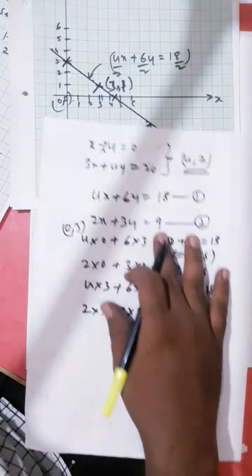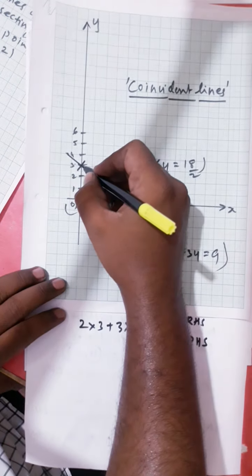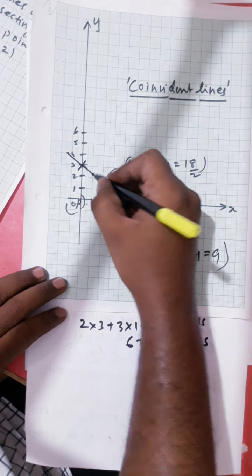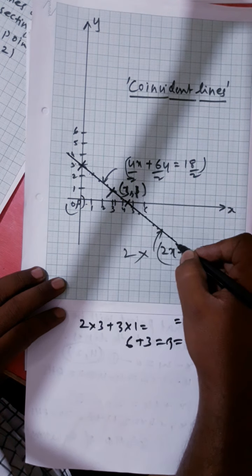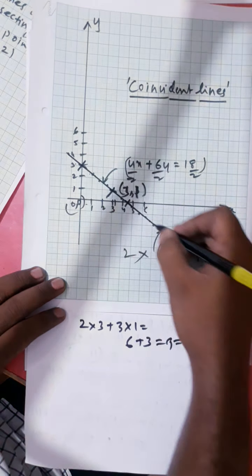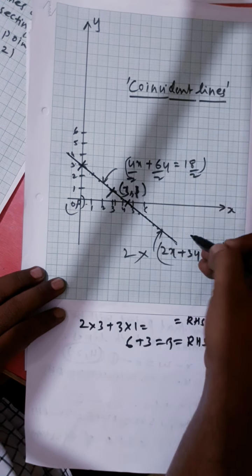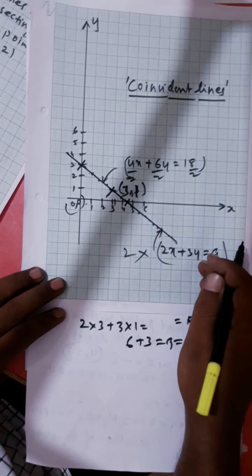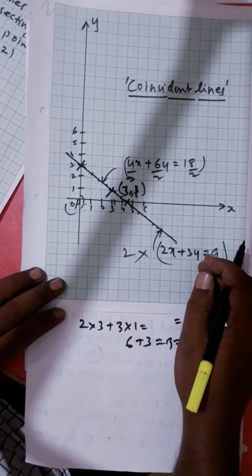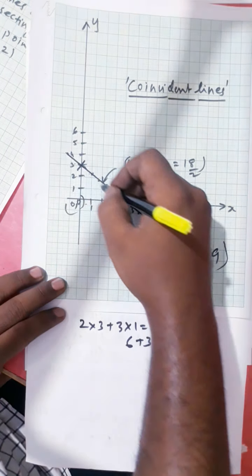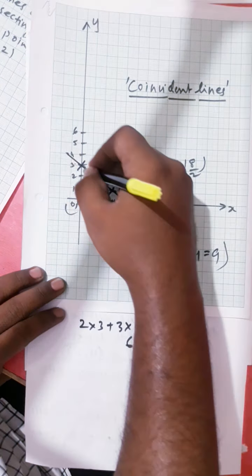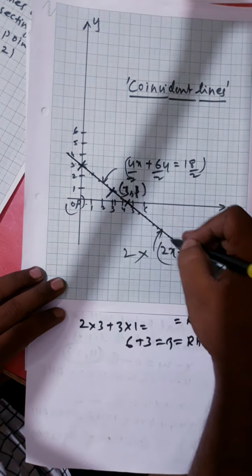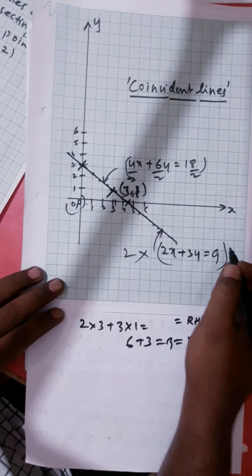Another thing: if you take any point on this set of lines, that point is going to satisfy both these equations. That means how many points can we select on this set of lines? This set of lines consists of infinitely many points.